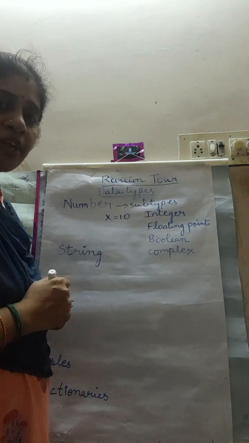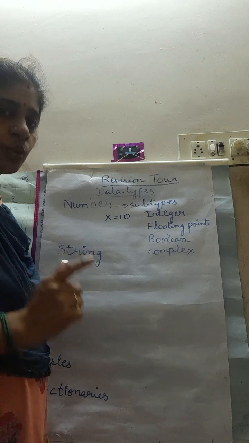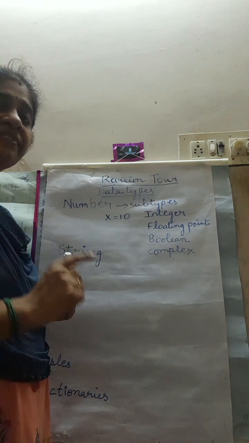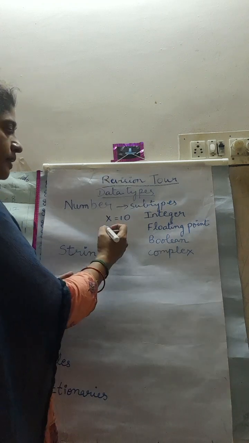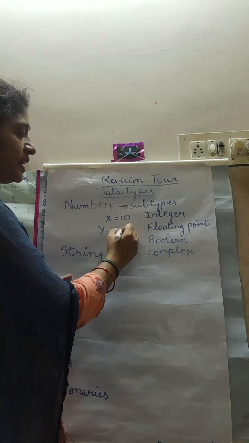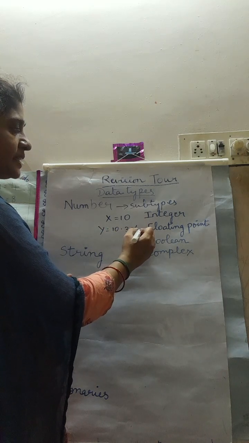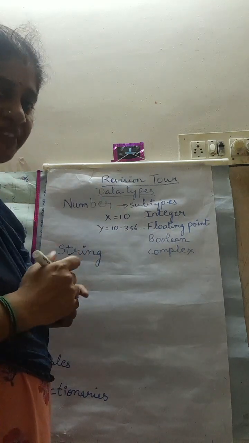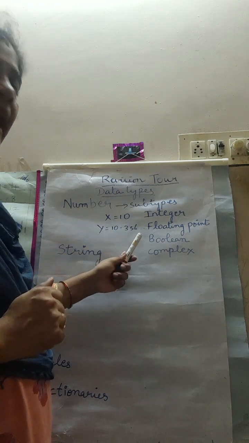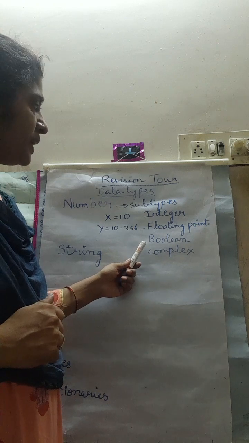Now, what are floating point numbers? Floating point numbers are those numbers with decimal point, and Python supports 15 precision digits. So I can write y is equal to 10.356, something like this, up to 15 digits. And what is the Boolean data type?